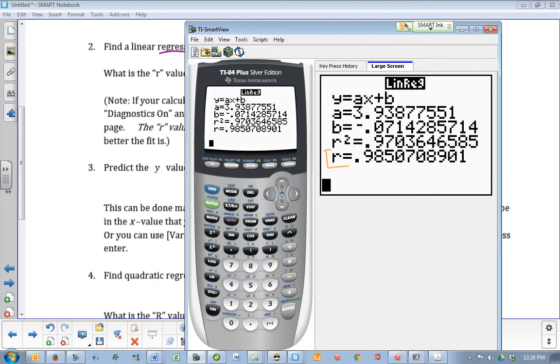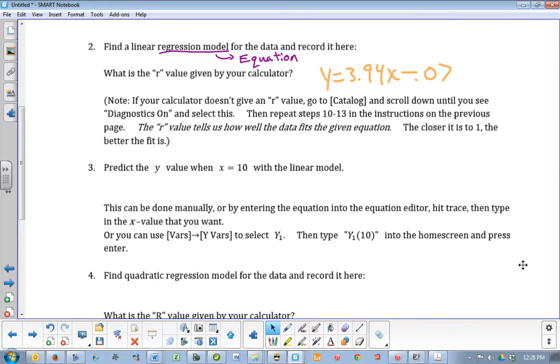And if this is 1, then its correlation is perfect. But it's close to 1, so this is good correlation. Or we call it strong correlation. Okay? So the R value is 0.98. That means it's a strong correlation there.